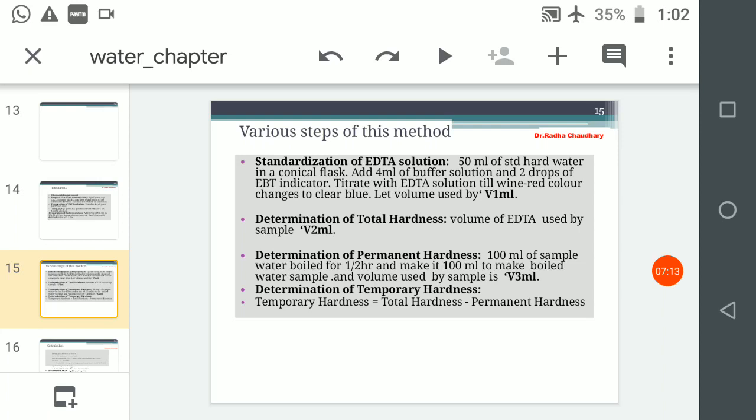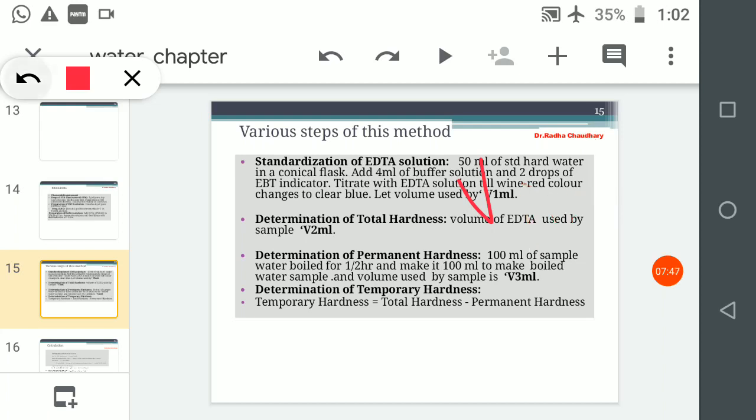Then there is the addition of buffer solution and the addition of Eriochrome black T. After the addition of the indicator, the color of the solution becomes wine red, and this wine red solution is titrated with the EDTA solution, and the volume of EDTA consumed by 50 ml of standard hard water is denoted as V1 ml.